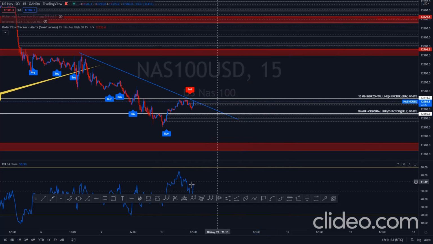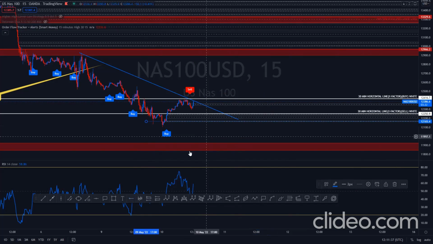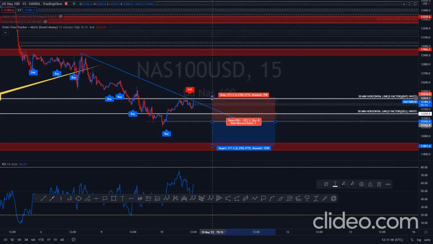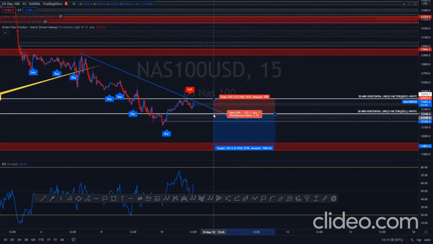Actually, let me list this. I want to set my take profit zones based off of these imbalances first. Now I'm going to put my risk reward tool here. And I want to shoot for at least 10 pips worth of NAS.